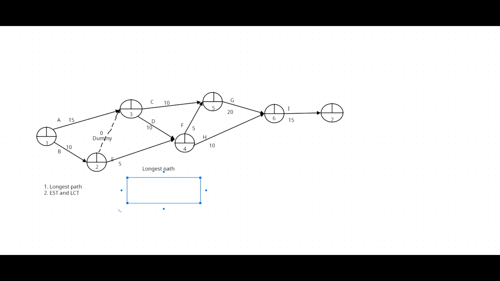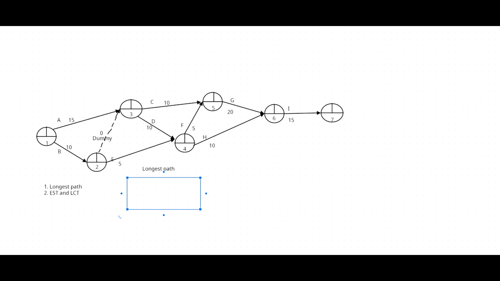Another path is B, dummy, then C, G, I. The total value is B10, dummy 0, C10, 20, G20, 40, I15, 55.